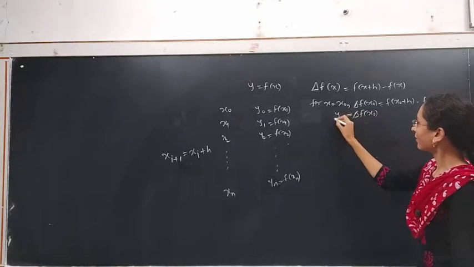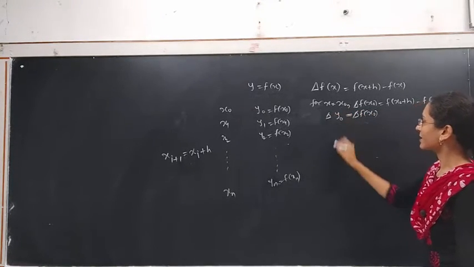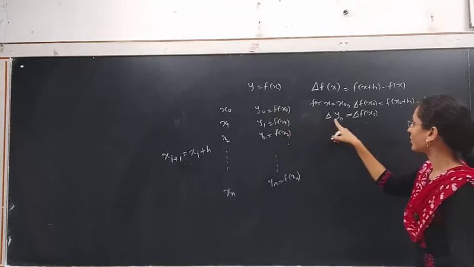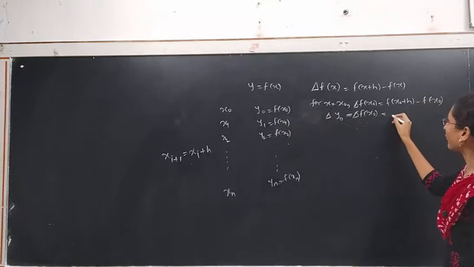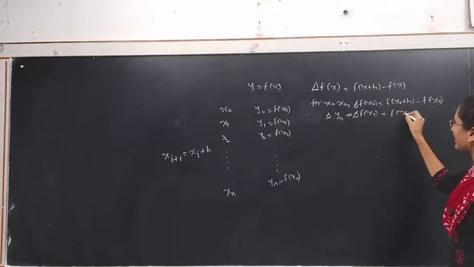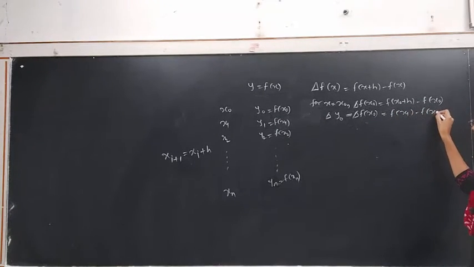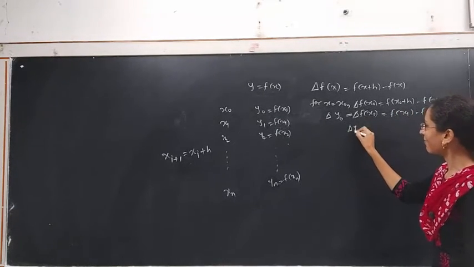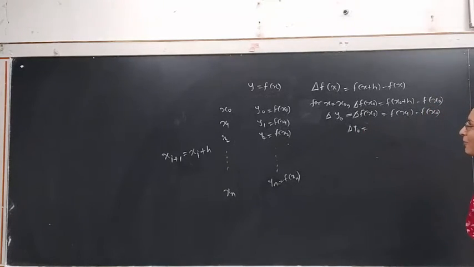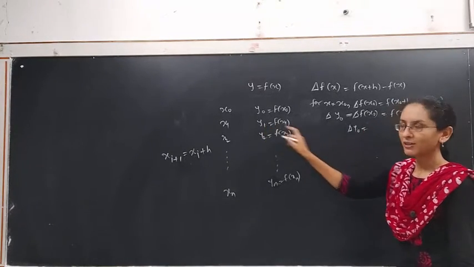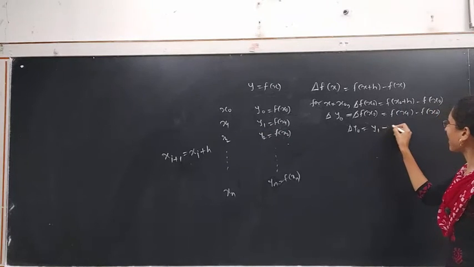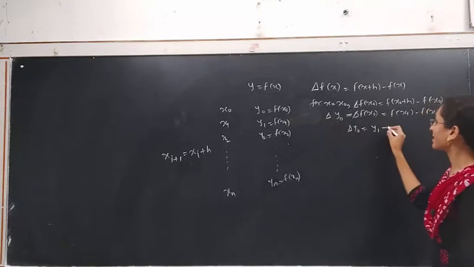This means the value of delta y0, because f of x0 is y0, is f of x0 plus h, which is f of x1, minus f of x0. That is delta y0 is equal to f of x1, which is the value of y1, minus f of x0, which is y0.